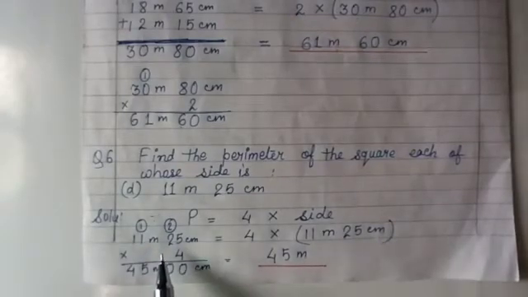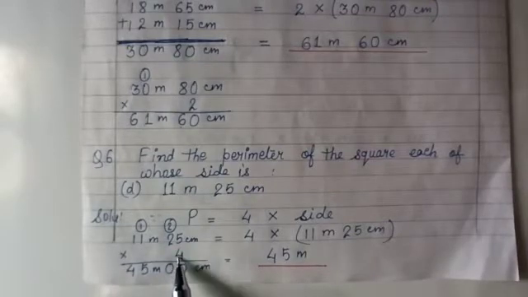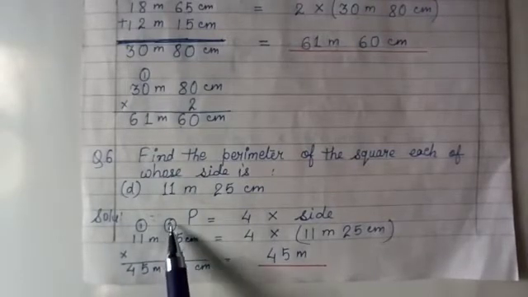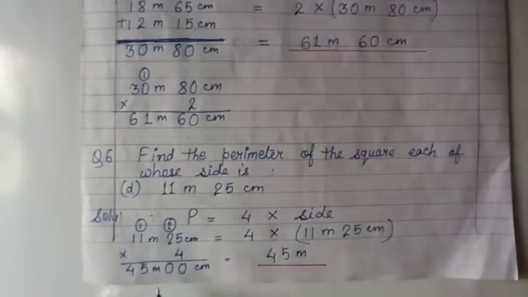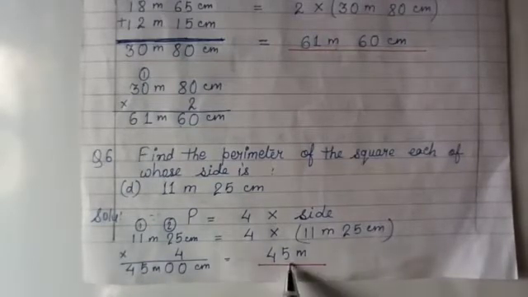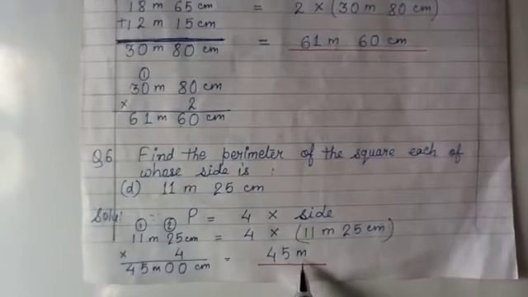You have to multiply 11 meter 25 centimeter by 4. 4 5s are 20, 2 carry, 4 2s are 8 plus 2 is 10, 4 1s are 4 plus 1 is 5, and 4 1s are 4. Finally we are getting 45 meter. 0 centimeter means nothing, so you have to complete your answer as 45 meter.